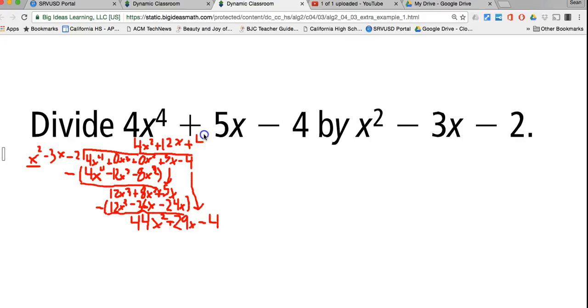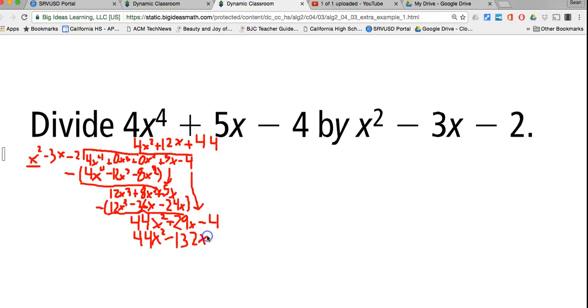Now we take 44 and multiply it by each of these terms. 44 times x squared gives us 44x squared. 44 times minus 3x gives us minus 132x.